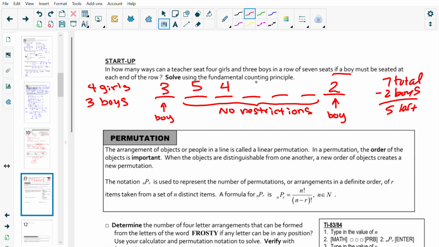So 5, 4, 3, 2, 1, because once I seat one, I can't reseat them. So one way to think about this is 3 times, well, this whole middle part here, that's 5 factorial times 2. That's one way to shorten your calculation, so 720 ways.